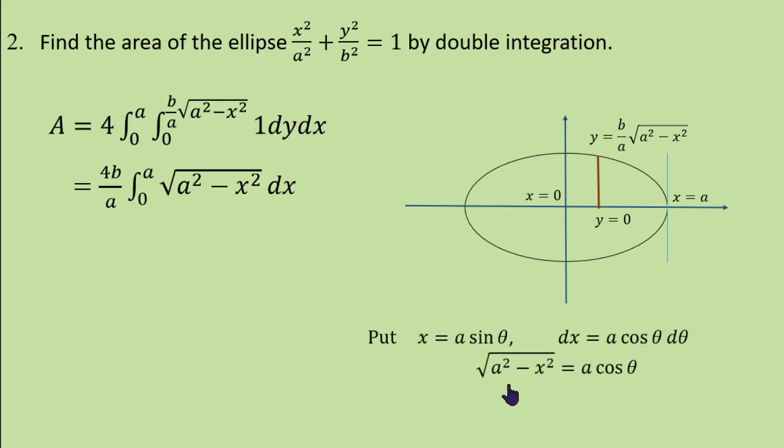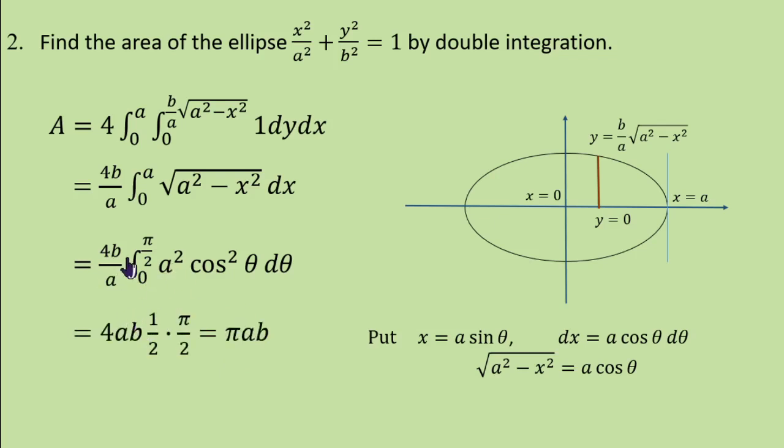See here the concept: when x is a sin theta, dx is a cos theta d theta, root a square minus x square is a cos theta, and the limits become 0 to pi by 2. a square cos square theta d theta, cancel a, 4ab integral 0 to pi by 2 cos square theta d theta. By the reduction formula, because here n is 2, that is even, 2 in the denominator, numerator 1, into pi by 2, so pi by 4.